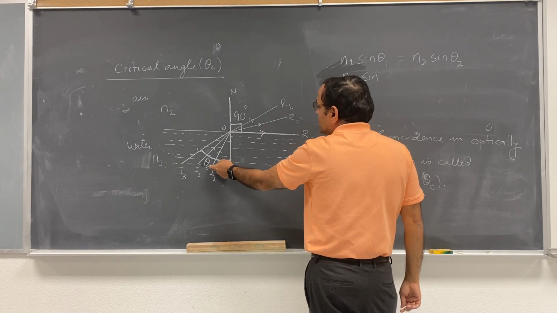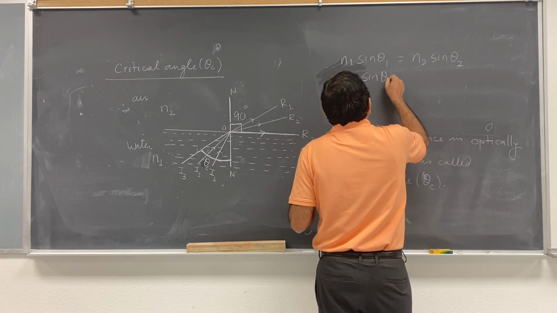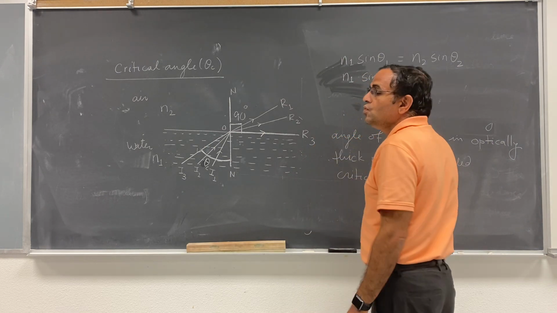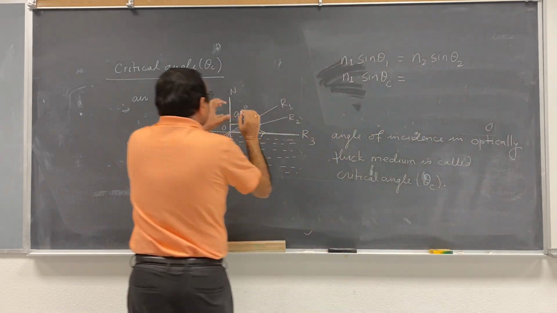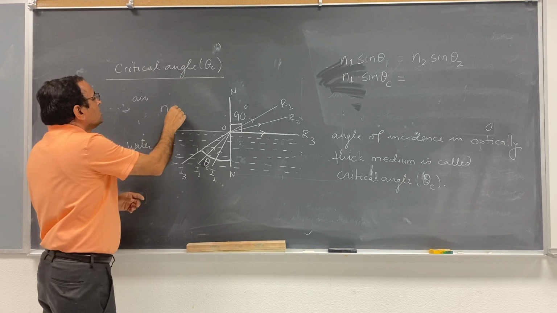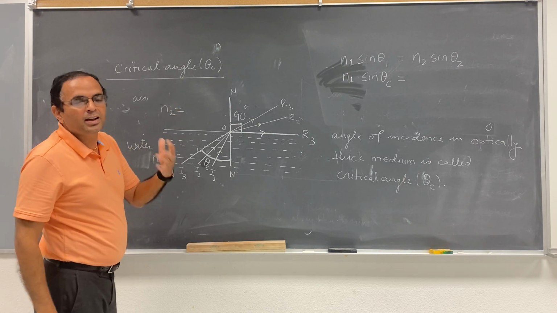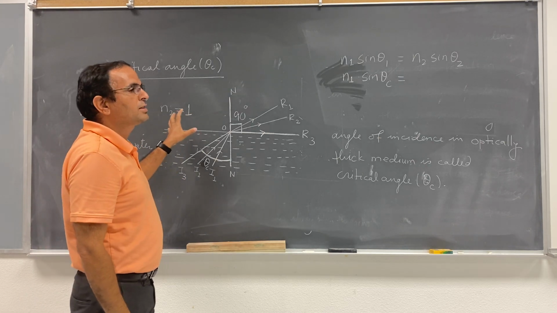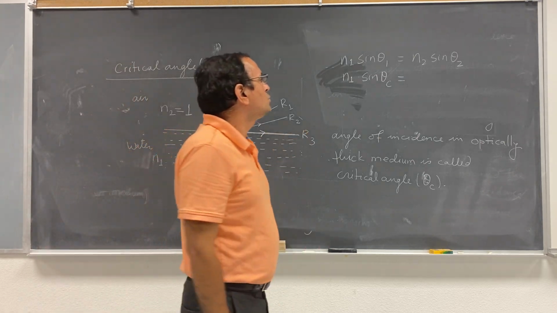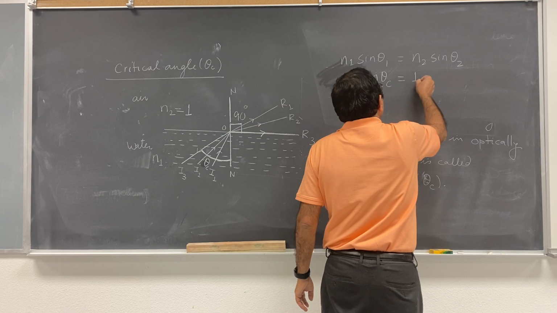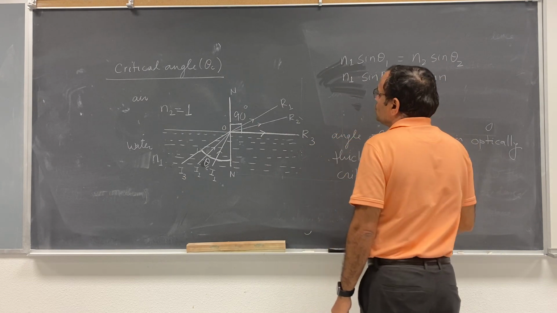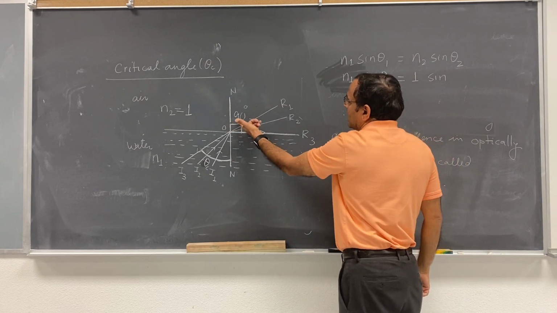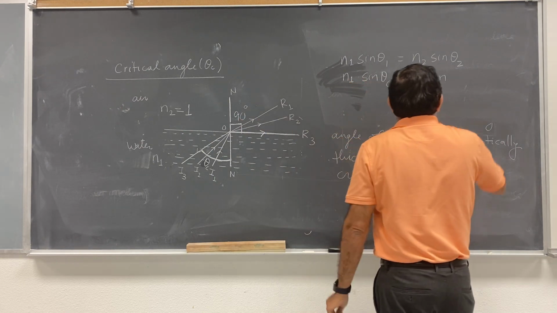So sine theta c equals N2, which in this case is air, and the index of refraction of air we simply take as 1. So N2 is 1, sine theta 2. Theta 2 is this angle of refraction, which is 90 degrees here.